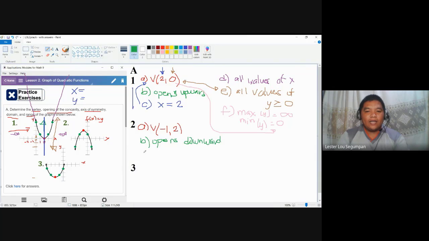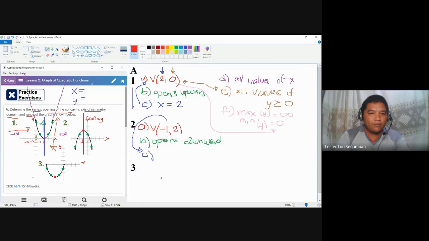Letter C could again be shared by the x coordinate of the vertex, because this is where the line should pass so that it will divide the parabola into two equal mirror images. And what is the value of x here?